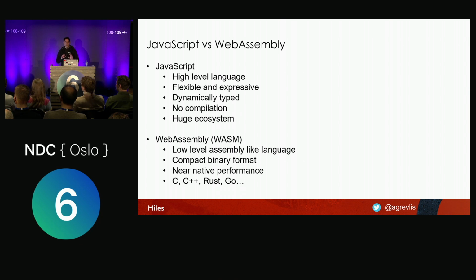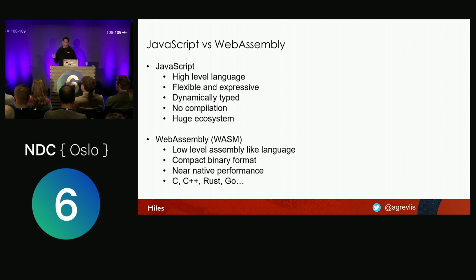So if we want to contrast JavaScript with WebAssembly, we can say that JavaScript is a high-level language. It's quite flexible and expressive. It's also dynamically typed. You don't need to compile it. And as we all know, it has a huge ecosystem that you can make use of when you build your applications. Whereas WebAssembly is much more of a low-level assembly-like language.